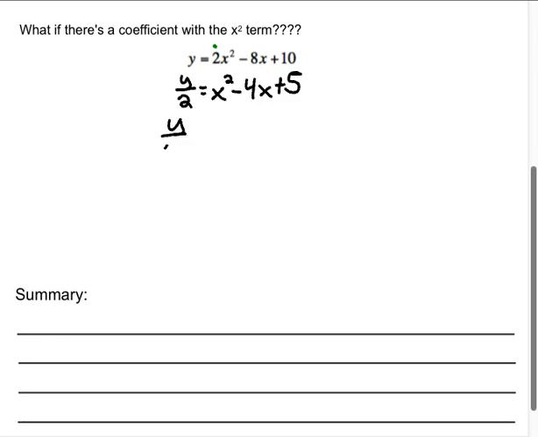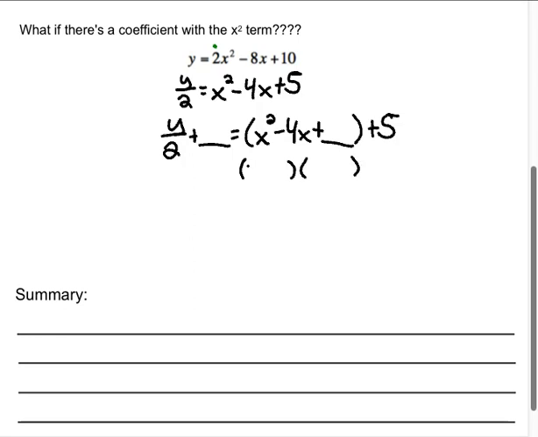So now my goal is going to be the same. Let's find what I need to add on both sides so I can make this process work. And of course, what we're looking for here is x times x to give me the x squared. That negative 4 has to split itself evenly between those two connections, so I get two of the same parenthesis.